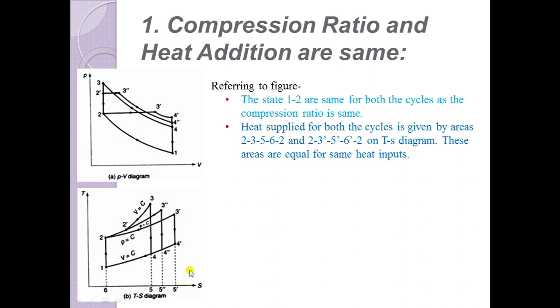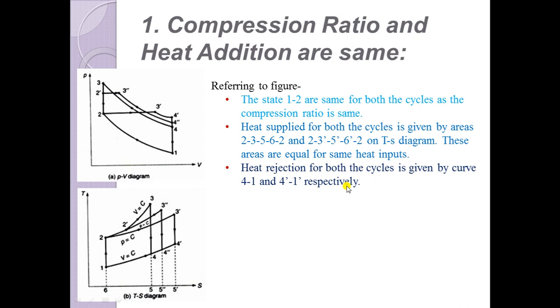So, this area is going to represent the amount of heat added during diesel cycle, and the area 2, 3 double dash, 4 double dash, 5 double dash and 6 as well as 2 is going to represent dual cycle, and these areas are equal for same input. If you measure the area under these cycles, the area of all the cycles will remain same as the heat input is same.